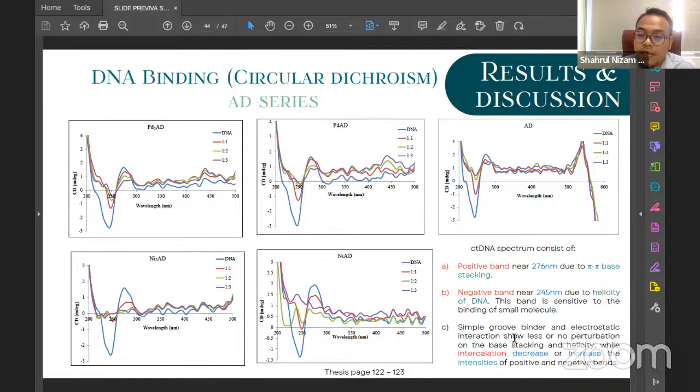For groove binders and electrostatic interaction, there is no perturbation on the base stacking and helicity, while intercalation decreases or increases the intensity of the positive and negative bands. So we can say that it could be through intercalation.